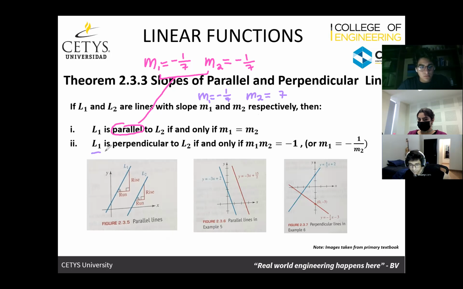So if it's the negative reciprocal, it's going to be 7, correct? Because the original one is negative already. So it's going to be 7, and these two would be perpendicular. Okay, is that clear, Arturo? Yes. Perfect, perfect. Great. Okay.